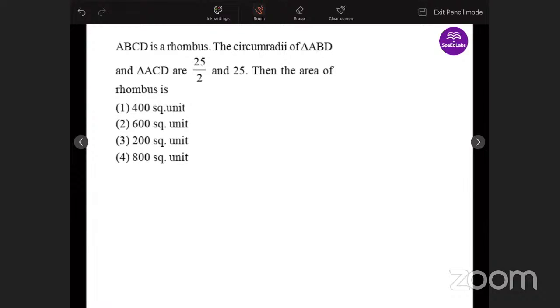The circumradii of triangle ABD and triangle ACD are 25 upon 2 and 25. Then the area of the rhombus is. Any idea how to solve?